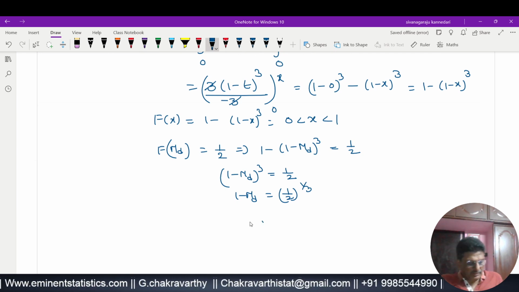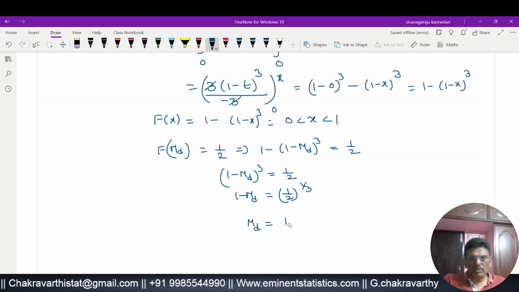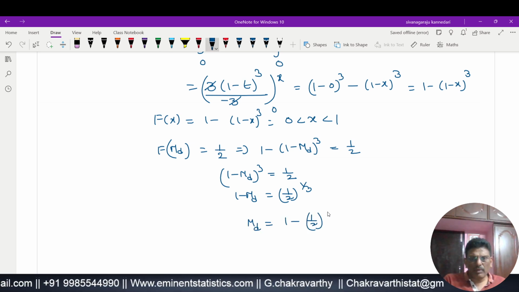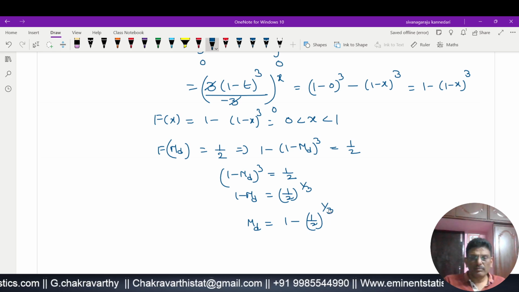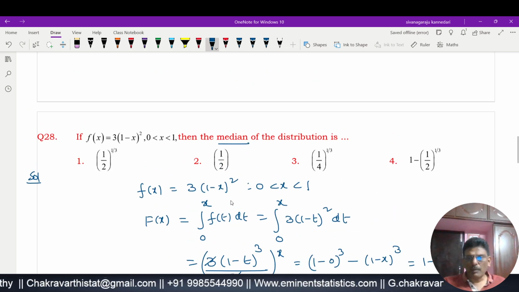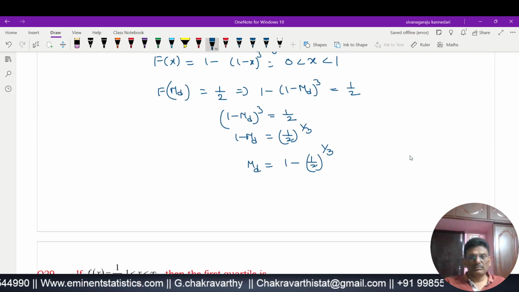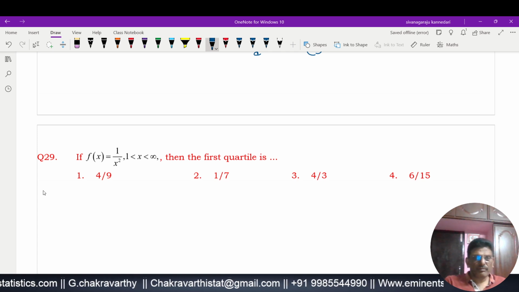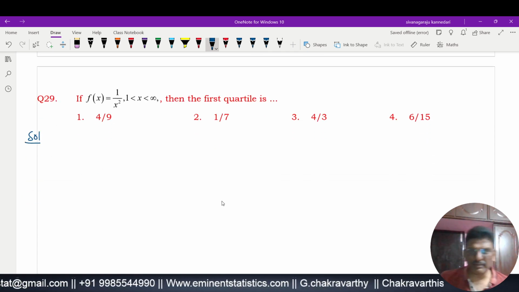The median is equal to 1 minus (1 by 2) whole power 1 by 3. Now option 4 is correct. Remember this point.